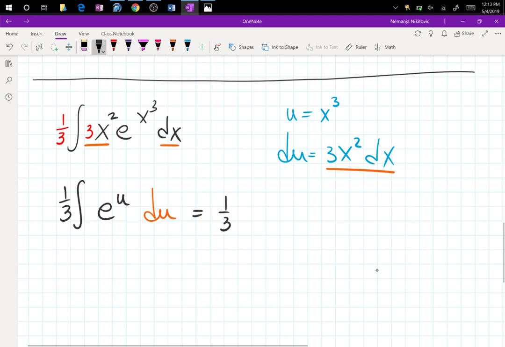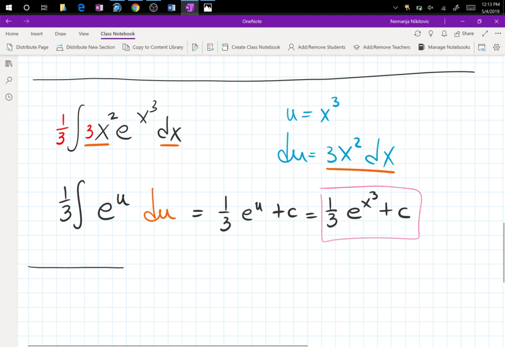So 1/3 integral of e to the u is e to the u plus c. And then we go back to our original variable. And the problem is over. Ta-da!